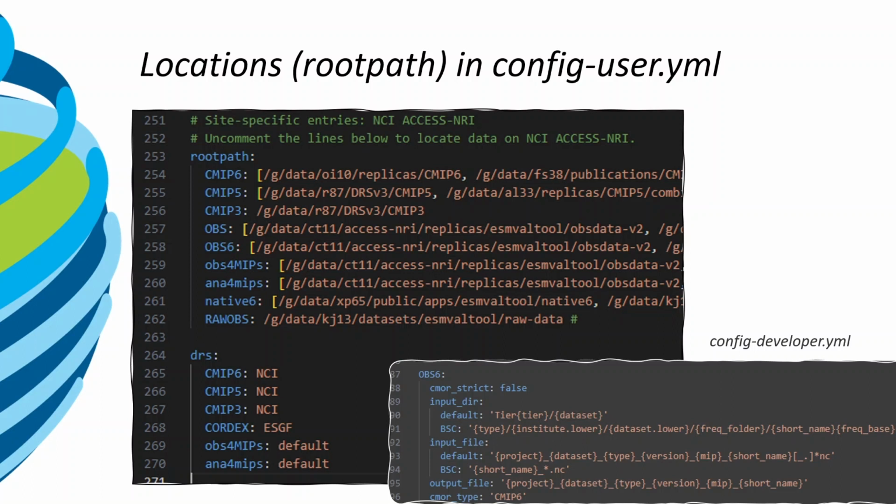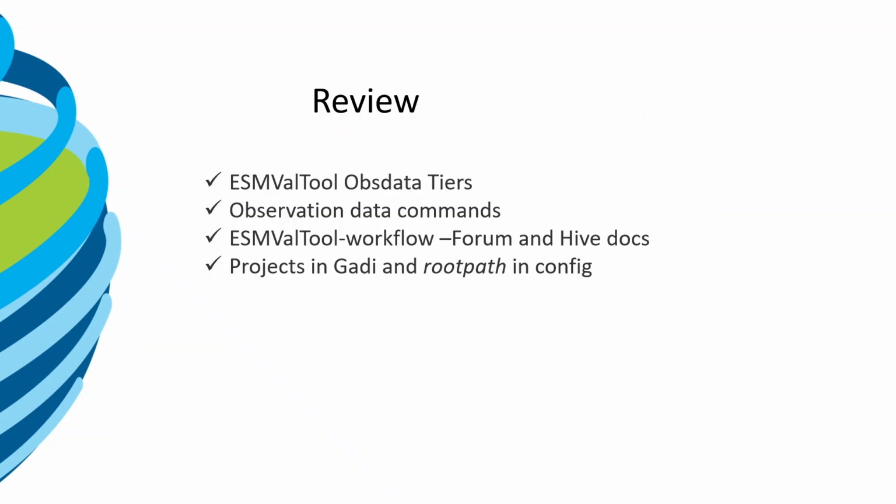So check that you have access to those, and also the config developer file, which outlines the folder structures for finding the data. So these are already set up and ready to be used in ESMValTool. You generally don't have to check those.